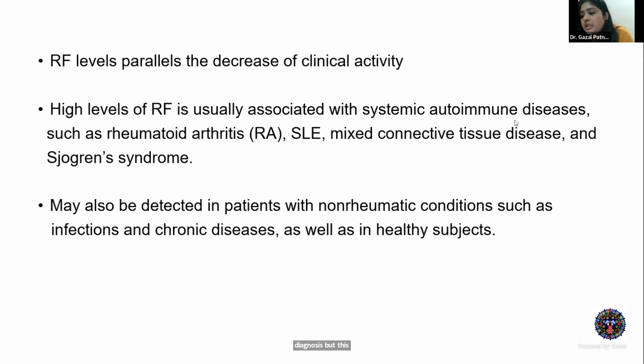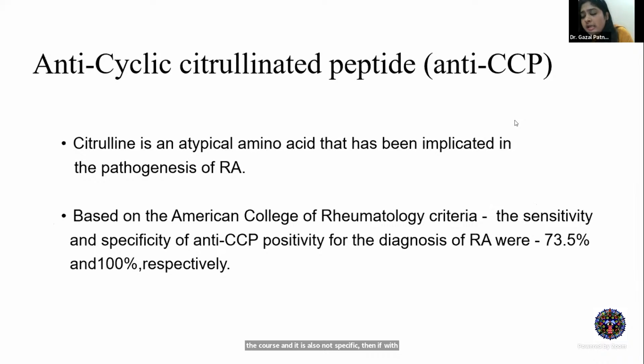Sometimes it is used as a cheap screening test, but it may not be detected, which is very common early in the course, and it is also not specific. So if there is a high clinical suspicion of rheumatoid arthritis, you can go ahead with anti-cyclic citrullinated peptide, that is anti-CCP antibody testing.